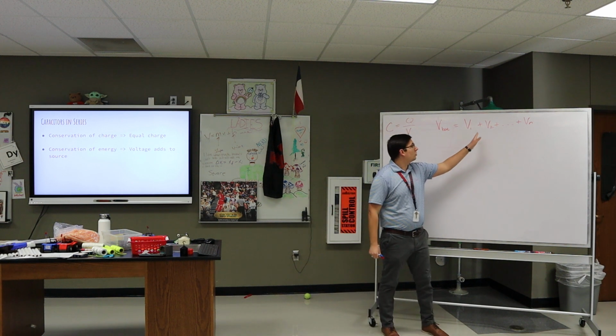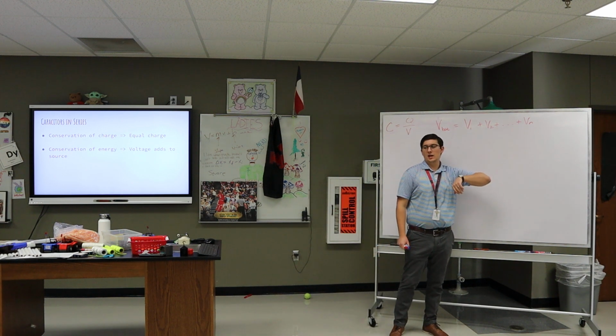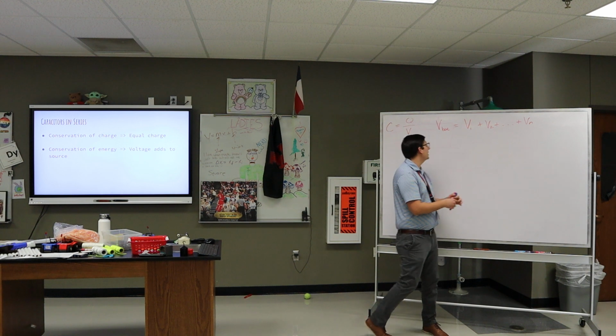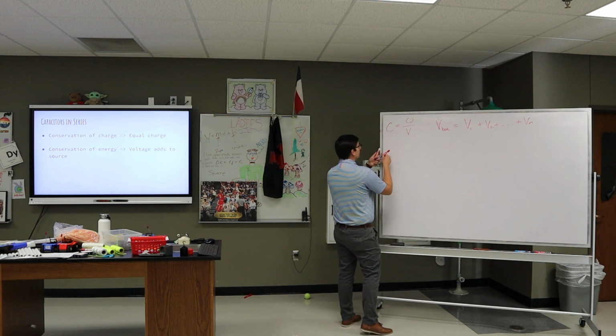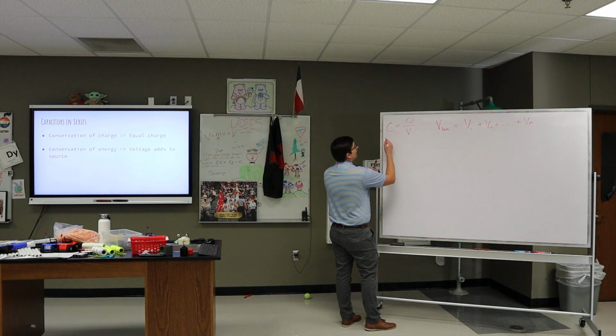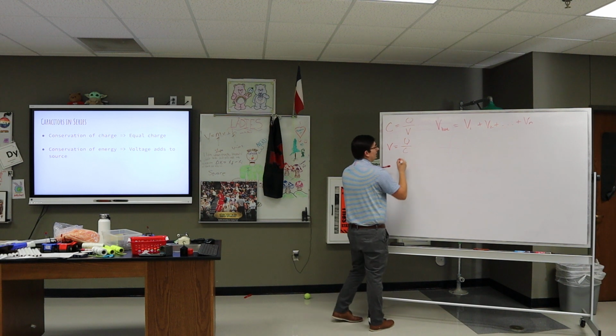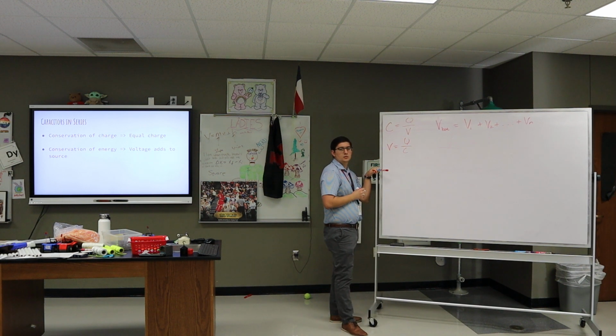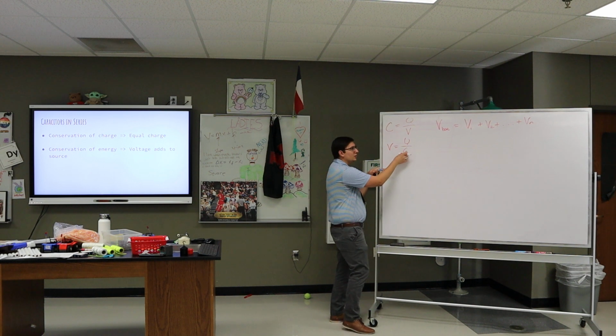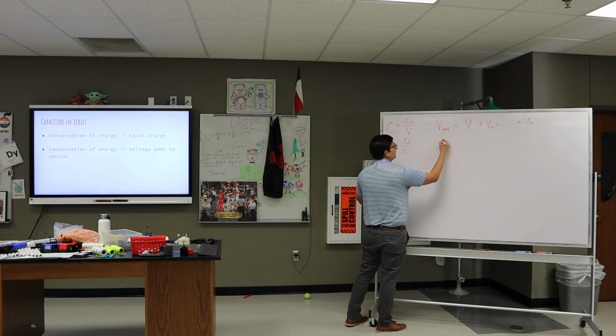Now the charge stored on each of these has to be the same, and so I could use this to make a substitution where what I'm going to find is that the voltage is equal to the charge divided by the capacitance. Okay with that? I just rearranged this equation. So if I'm looking for the equivalent capacitance, I could substitute in here.